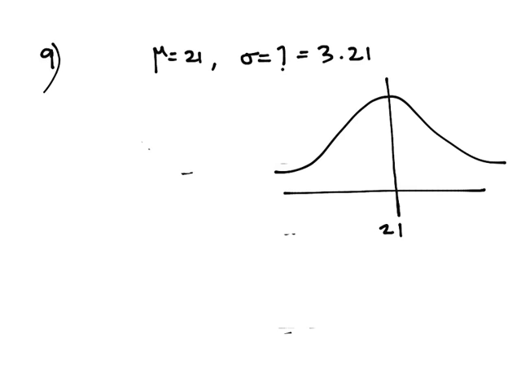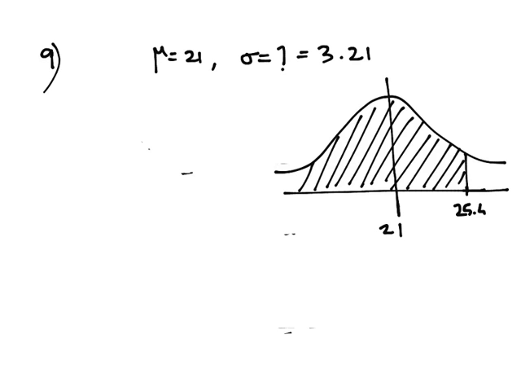And it is mentioned that this student has the same probability of having a score less than 25.4. So definitely 25.4 is here. So this area that is less than 25.4 is same as having a score greater than B. That means B will be, let's say B is here, more than B. That means this area.